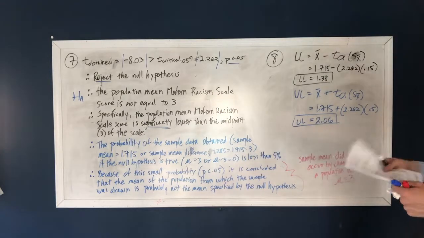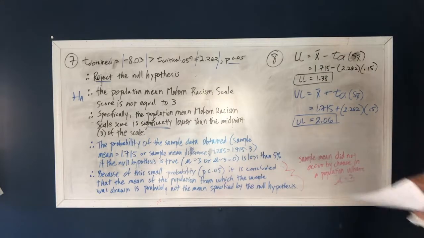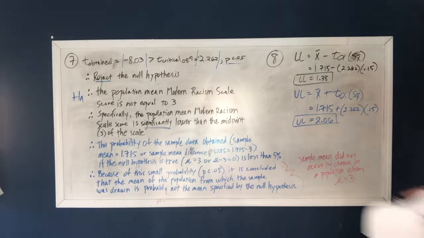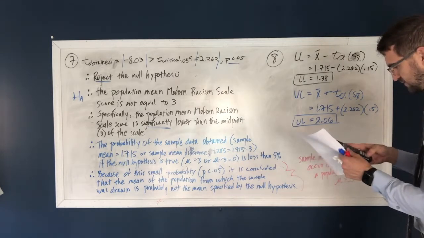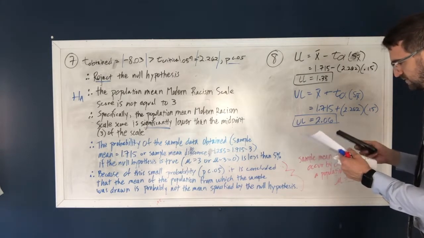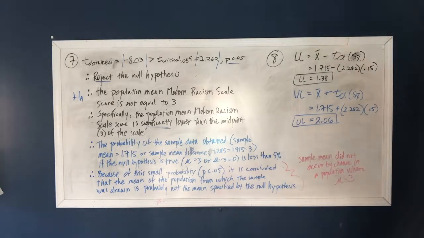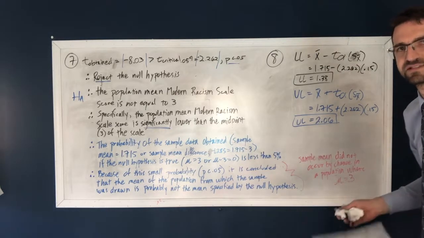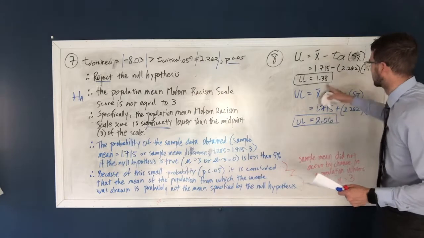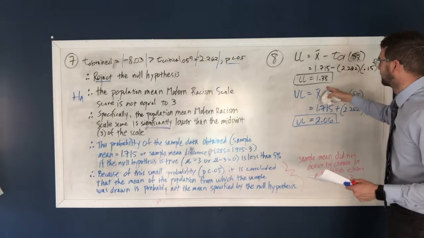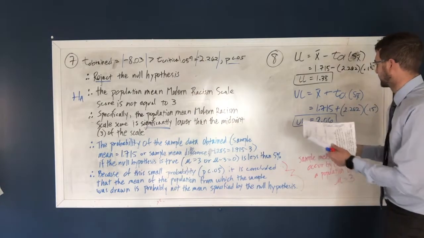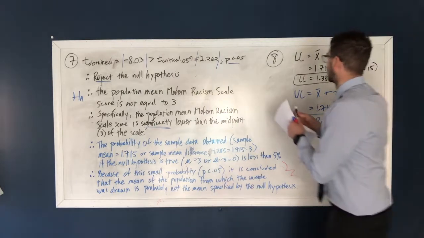So let me go ahead and write an interpretation. Okay, I'll have to erase what we just did. So lower limit 1.38, upper limit 2.06.